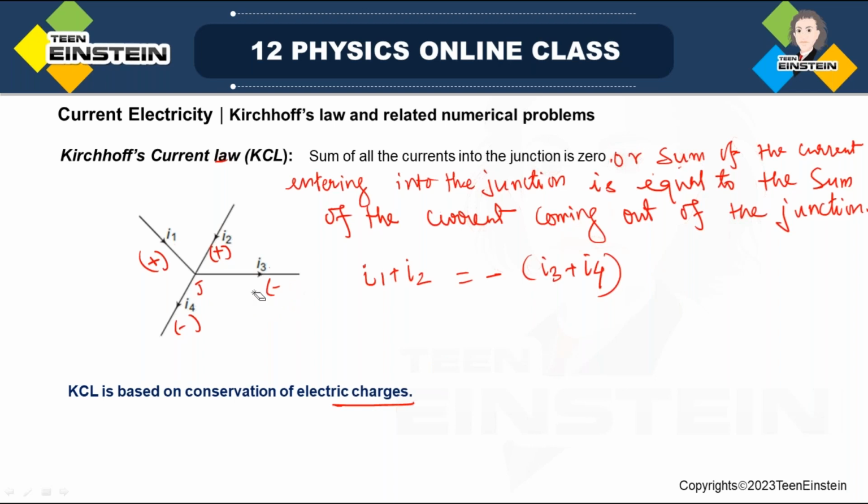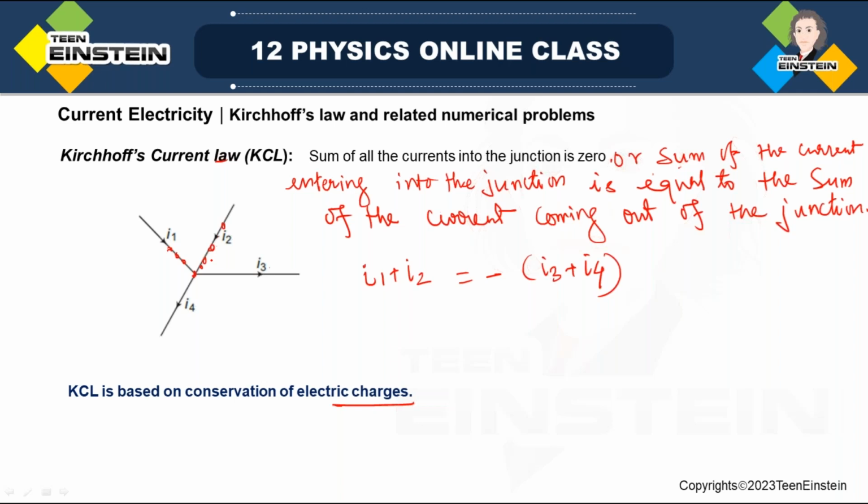Look here. This is conservation of electric charge. Some charges are coming through this conductor and reaching the junction. Through this also some charges are coming and reaching the junction. But according to conservation of charge, charge cannot accumulate at the junction.